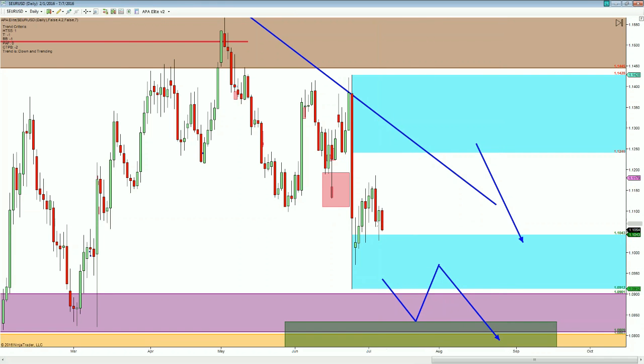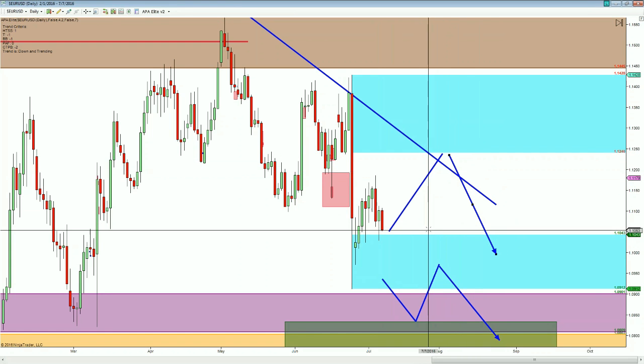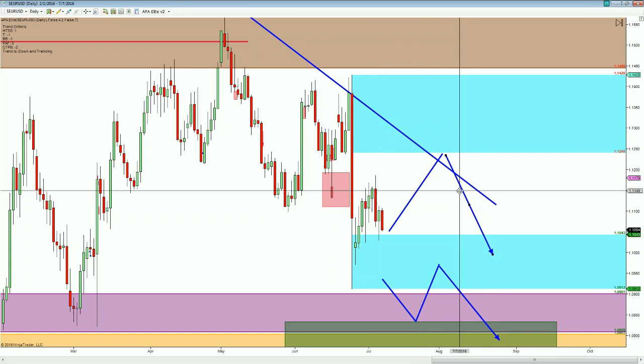Or maybe we wait and say, well, I don't know that price is going to do that per se, and say maybe price will come up here first, touch the zone, and then we can get a bounce out of there. I think one of those two possibilities is more than likely to happen.